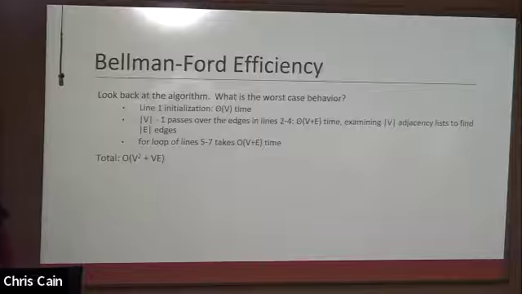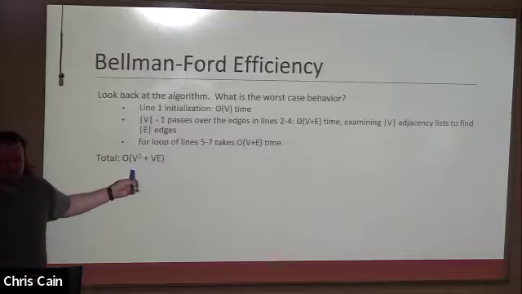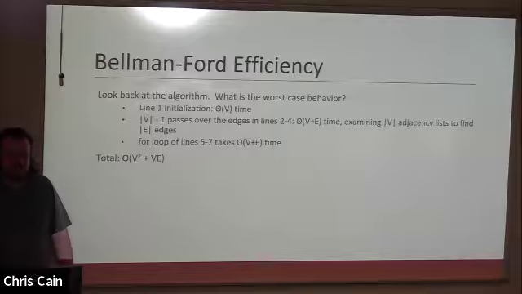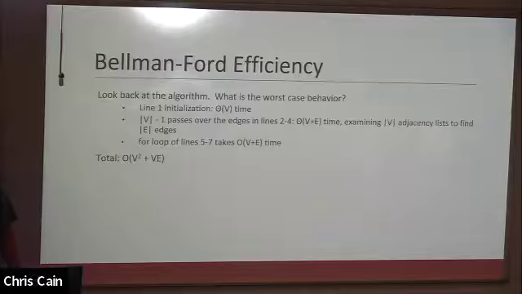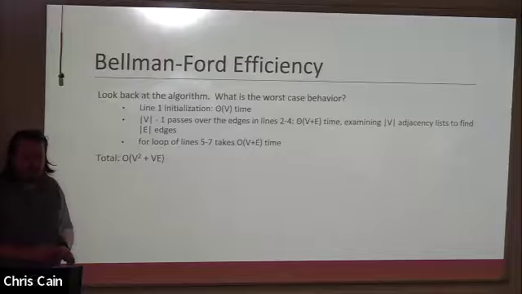And remember that Dijkstra's ran in E log V, and E could be as bad as V squared. So in the absolute worst case, this is cubic with respect to V, and Dijkstra's was worst case quadratic log V. So that is better than cubic. And regardless of the graph itself, the type of graph, Dijkstra's will run faster.